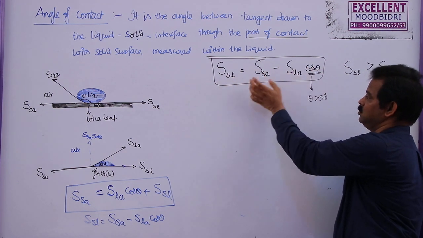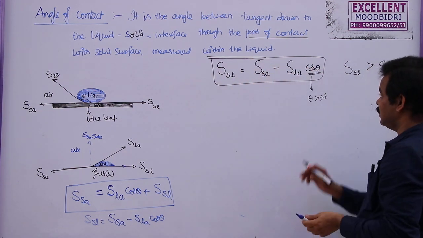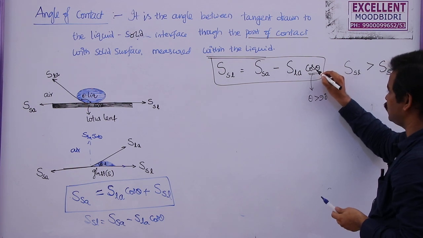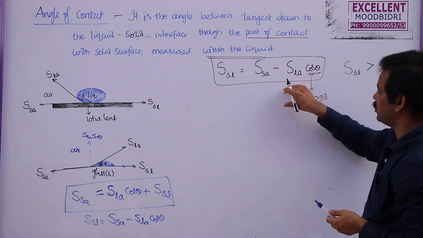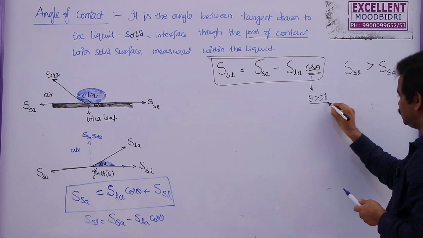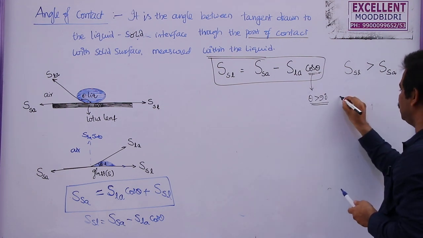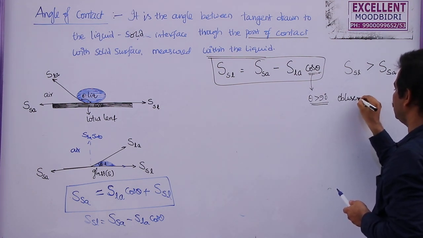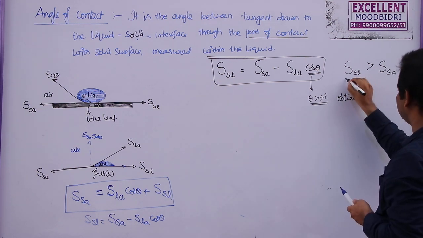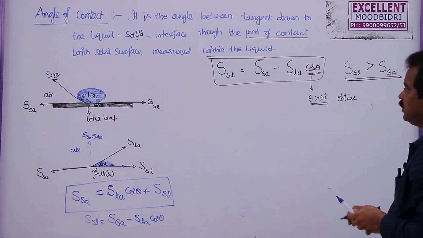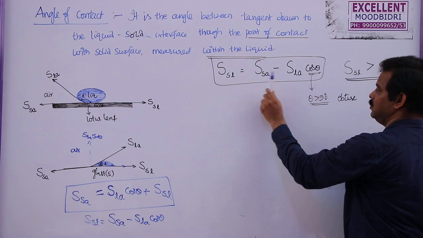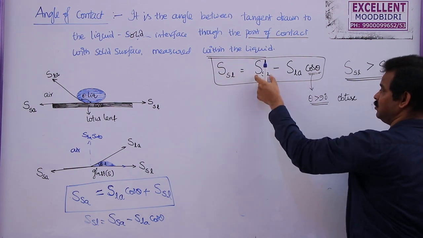If theta is between 0 and 90, this value will become negative. Now if theta is obtuse, and S_SL is greater than S_SA, then by adding these two you will get S_SL.